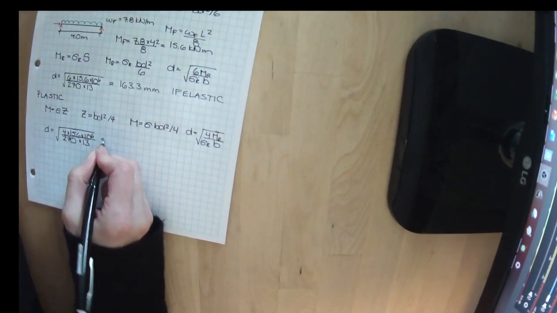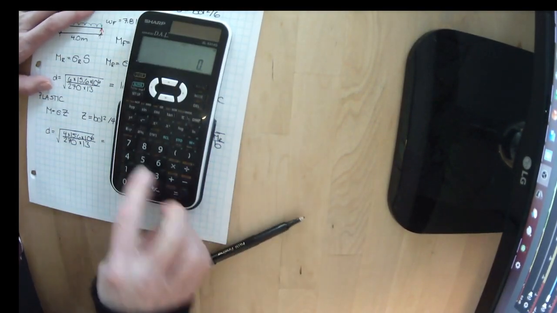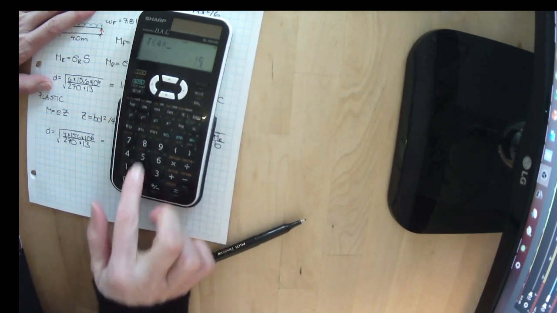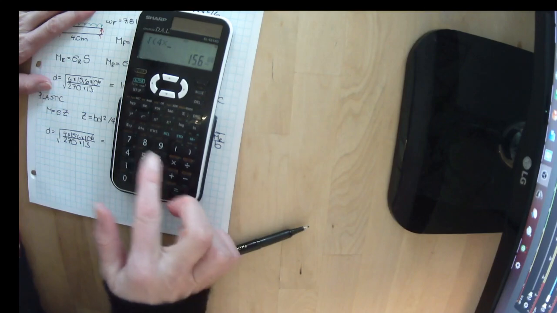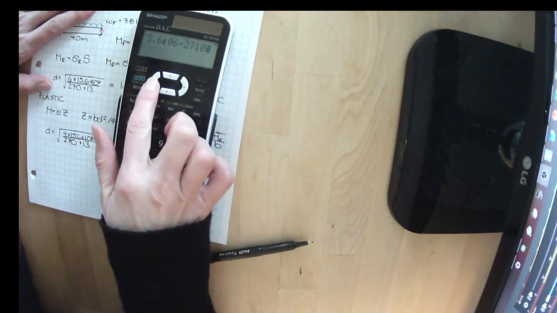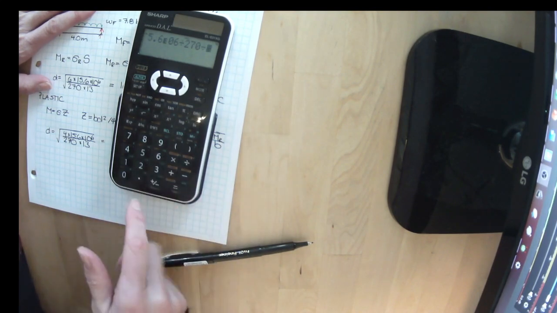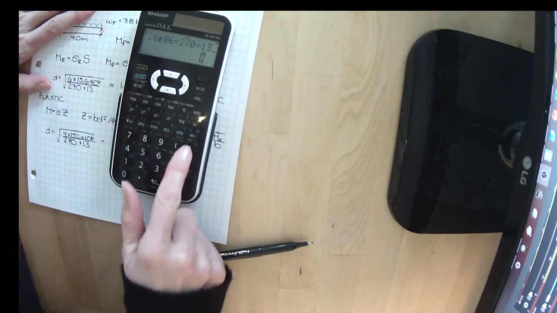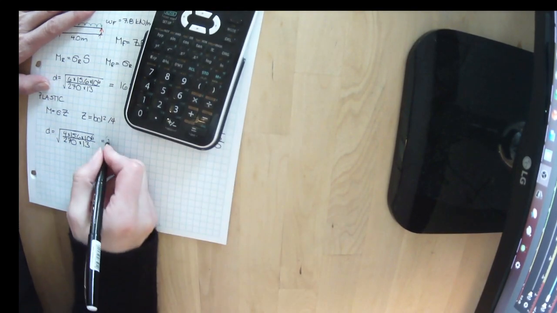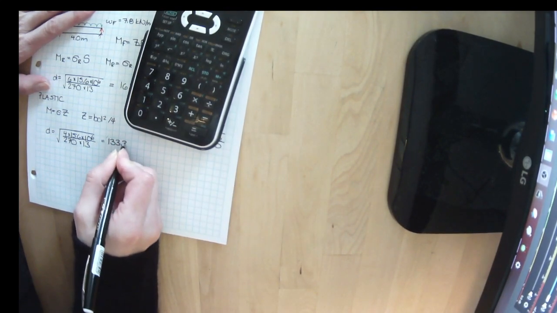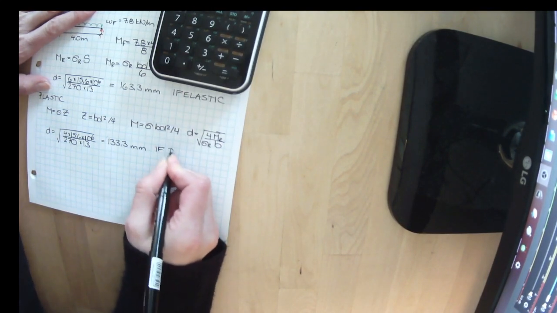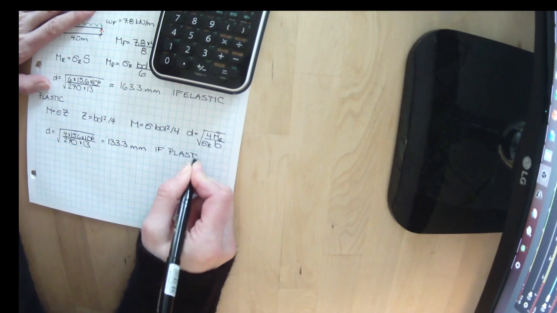We can plug this into our calculator: square root of 4 times 15.6 exponent 6, divided by 270, divided by 13, and bracket, we get 133.3 millimeters if plastic.